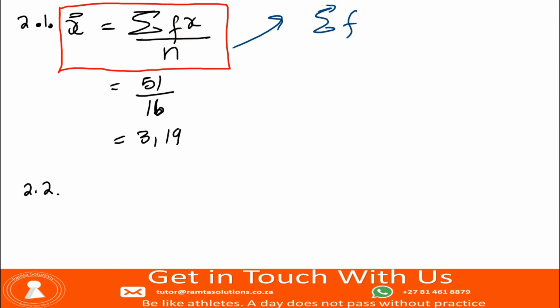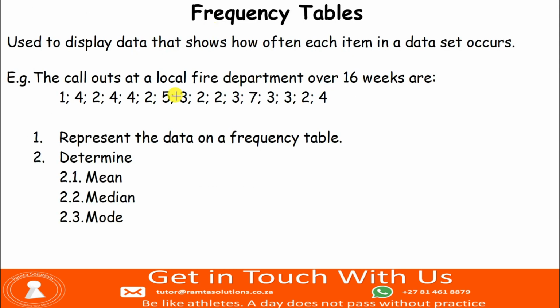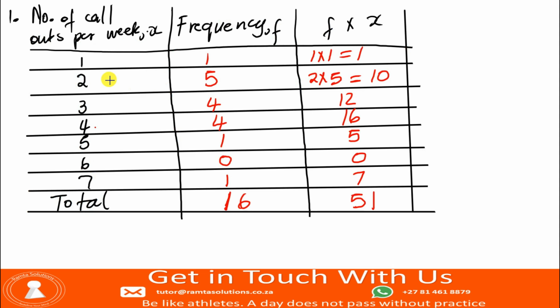All right, moving on. Now, question 2.2 said determine the median. Remember, the median is the centralmost value that divides your ordered or sorted data in two. For you to find your median, you must make sure that your data is sorted from the lowest to the highest value.